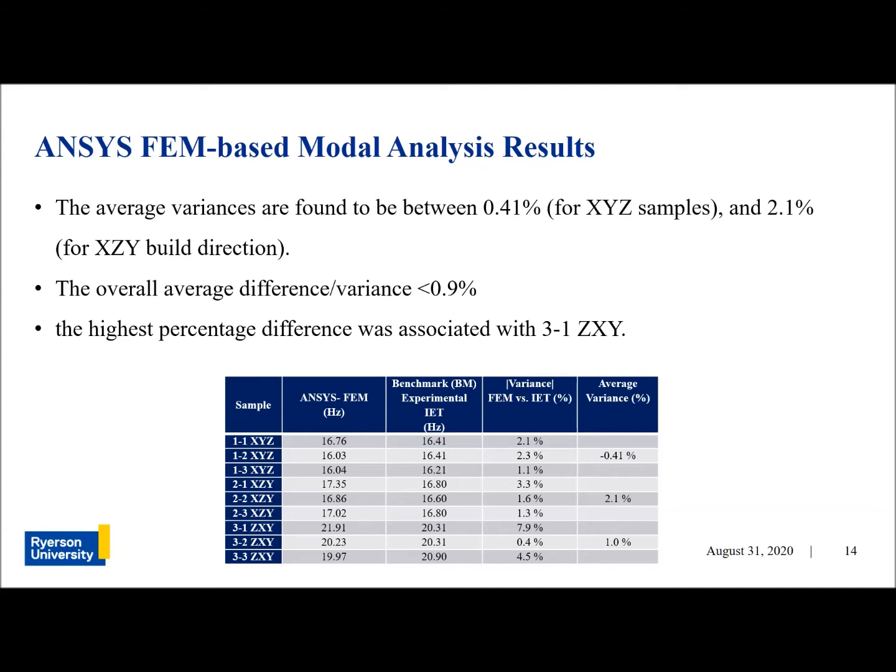Finally, the highest percentage difference of 7.9% was associated with the ZXY build direction, which in this case could again be attributed to inaccuracy in dimension measurement on uneven 3D printed sample surfaces.